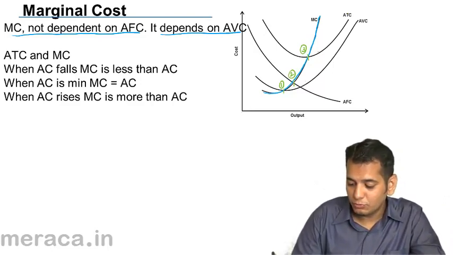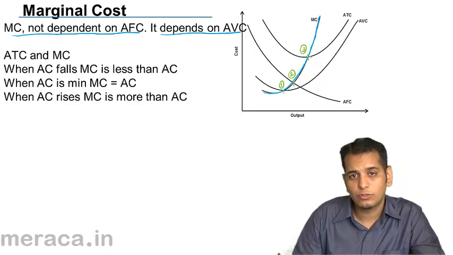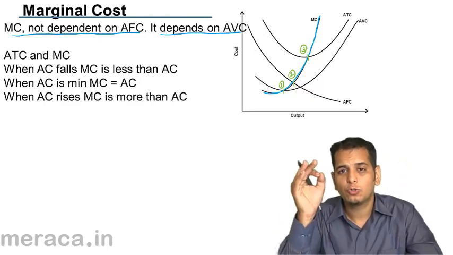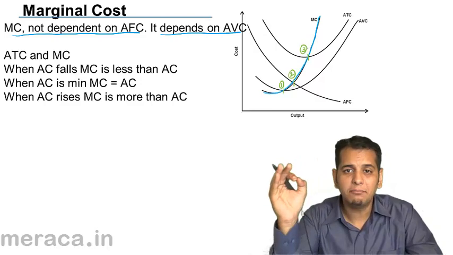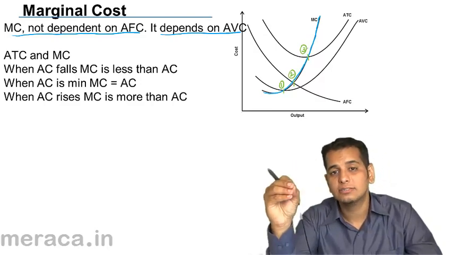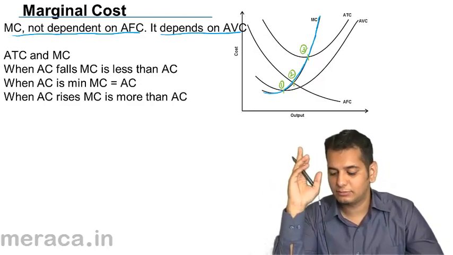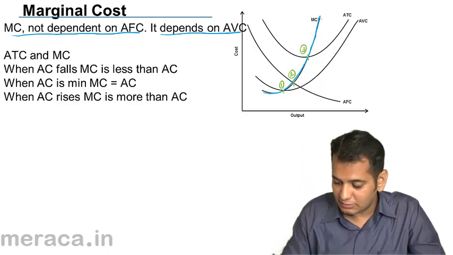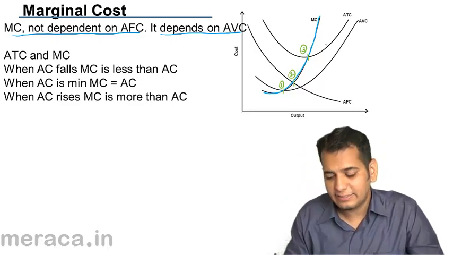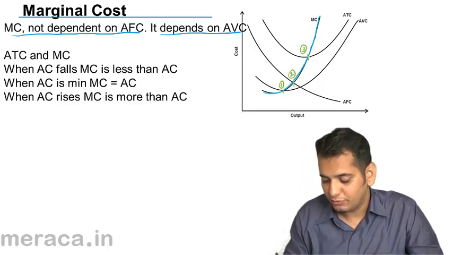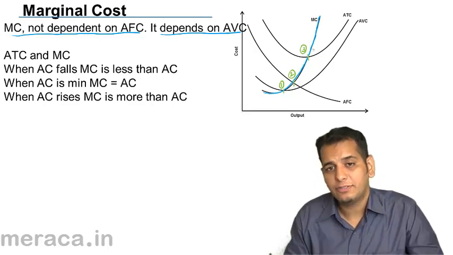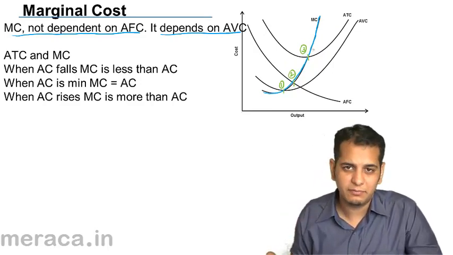Now, when you come to the average total cost, it is minimum when the marginal cost curve cuts it. The point where the marginal cost curve is cutting the average total cost curve, you can see that the average total cost curve is minimum.